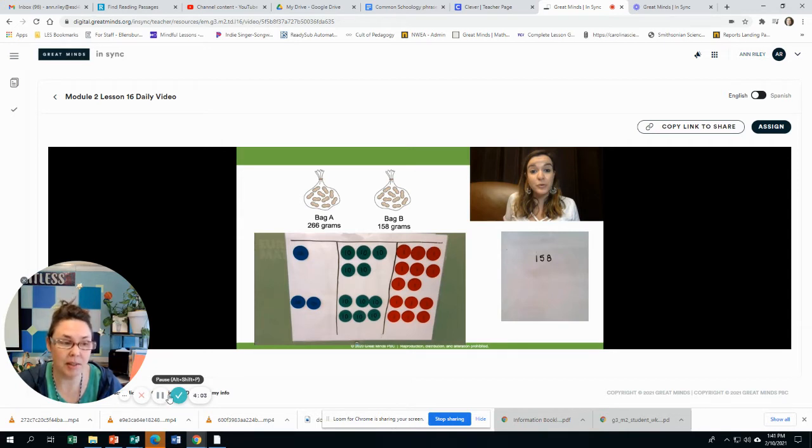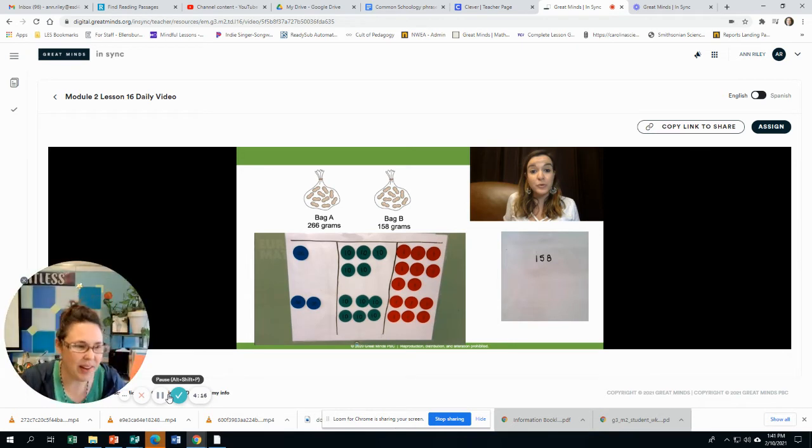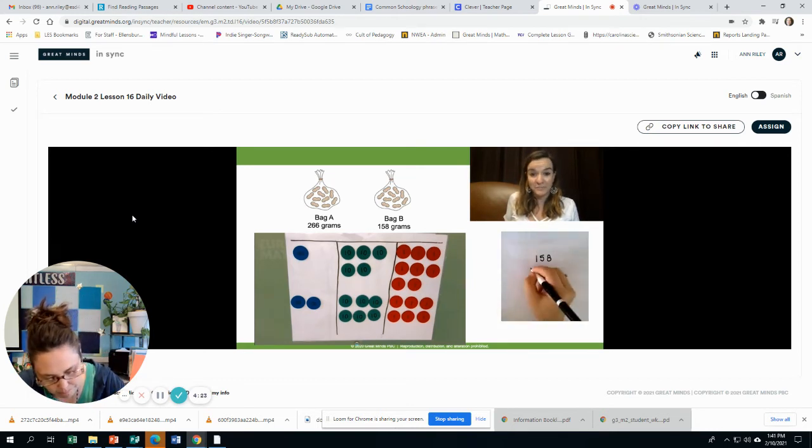I was supposed to do 266. So I'm just going to add another 10, take away 2 of my ones, and now I've got something that looks just like what Miss Roos has. All right, let's keep going. 266 and an addition sign on our vertical form.